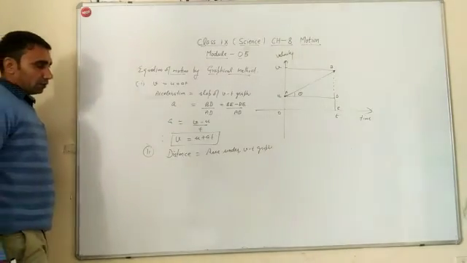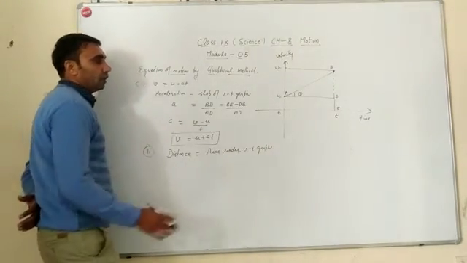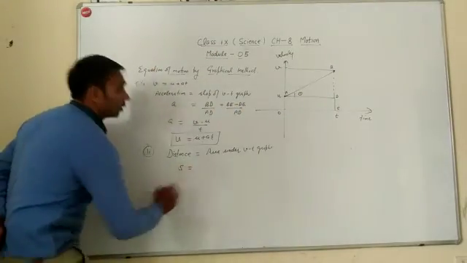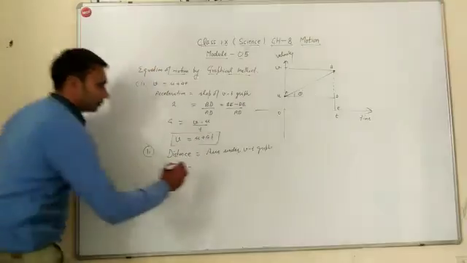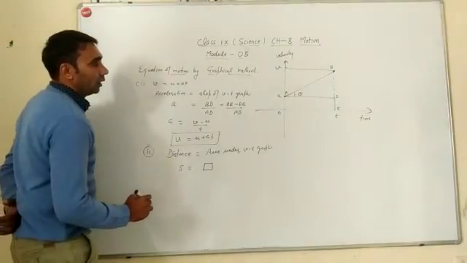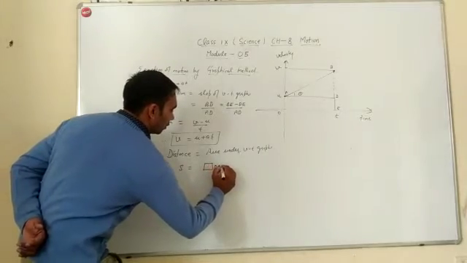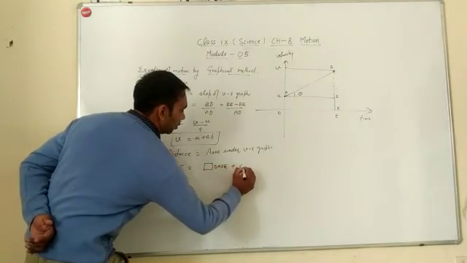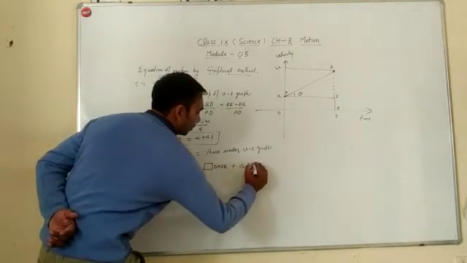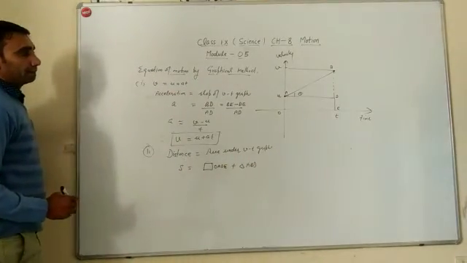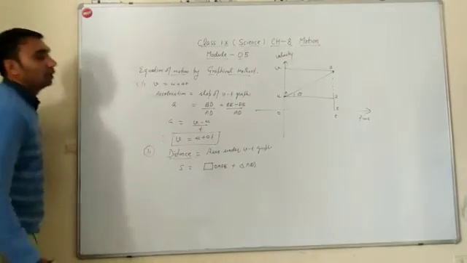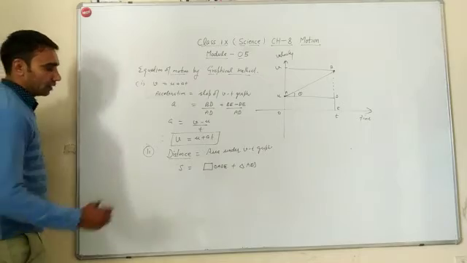Area under the velocity time graph is equal to the sum of the area of rectangle OADE plus the area of triangle ABD. The area of triangle plus the area of rectangle will provide the distance covered by the object in time interval t seconds.